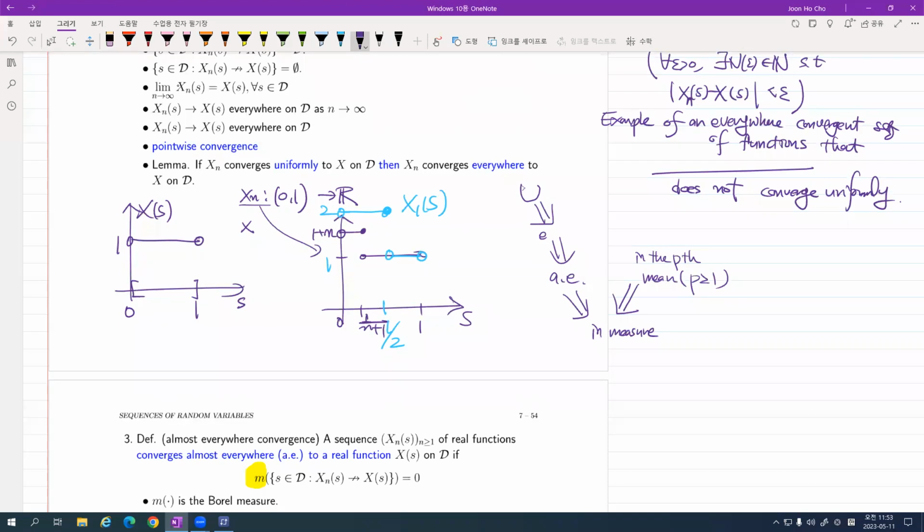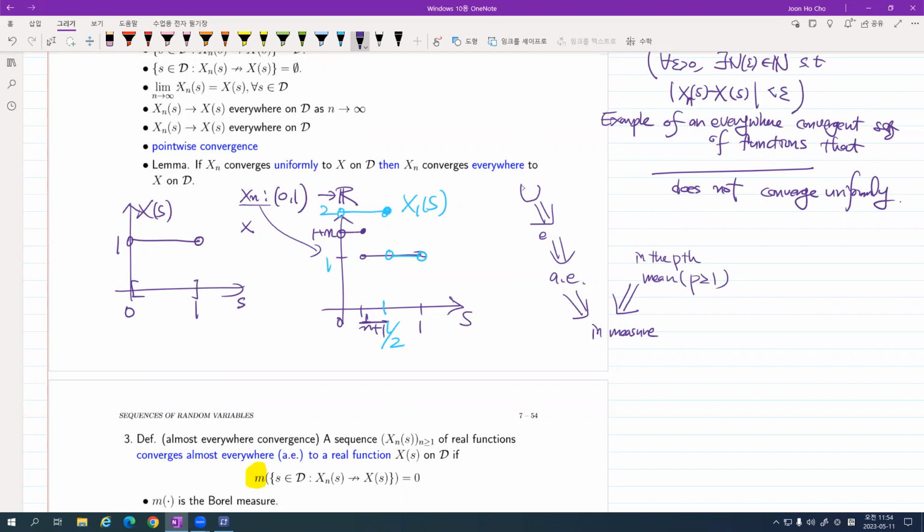So given s, you can always find some capital N such that for lowercase n greater than or equal to that capital N, you have x of n equal to x, right? So this sequence converges to the target everywhere on D, right?